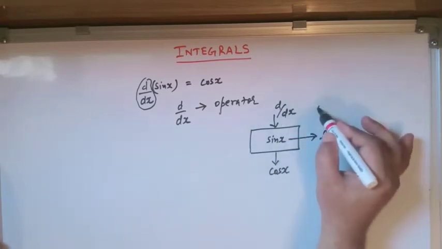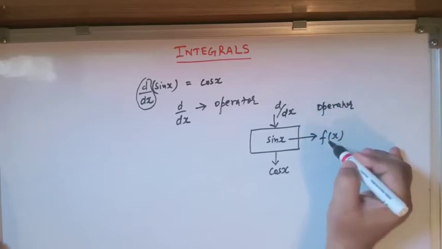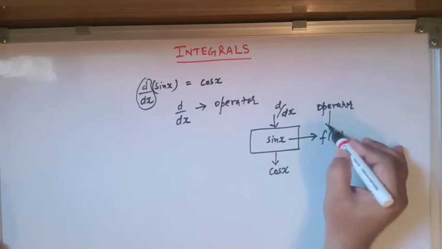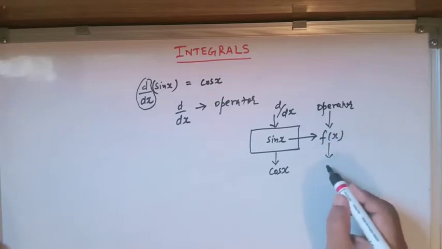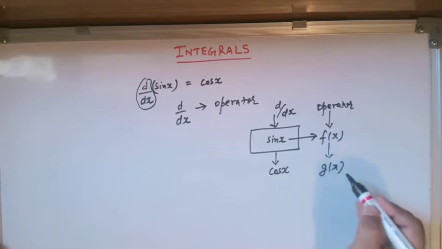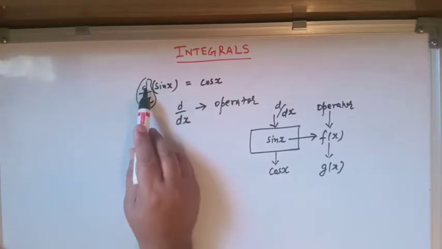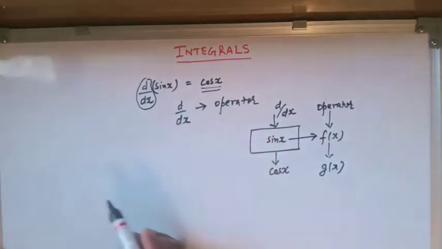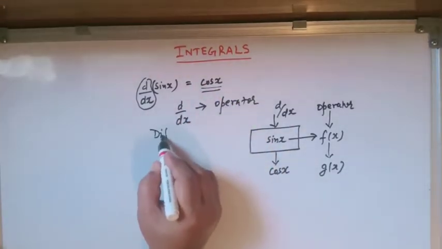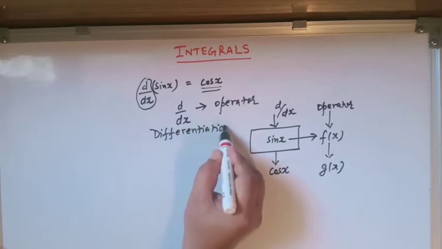This is the operator here, and when we operate f of x with this operator, we get an output, and that output is, say, g of x. Clear? So if we operate sine x with d by dx, we get cos x. So this process is called differentiation. Clear? This process is called differentiation.